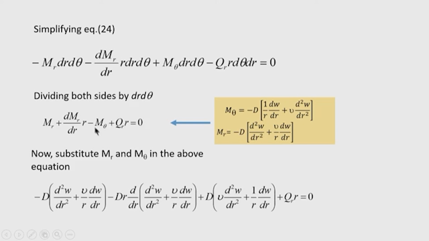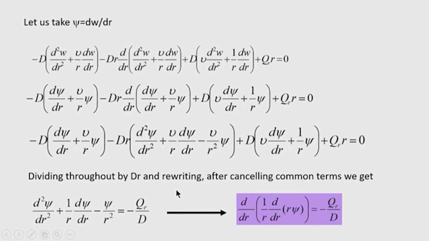After substituting these expressions, we can write m r equal to minus D, again differentiated. This differential coefficient is written d by d r, where capital D is the flexural rigidity, and r is there. We have expressed m theta, and then plus q r into r. Now, to simplify the equation, let us take the slope as xi.